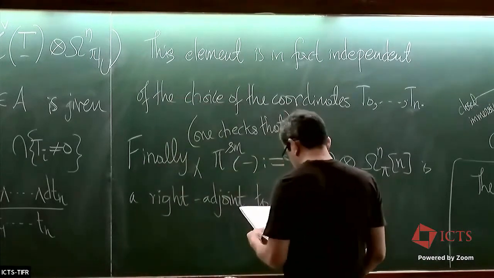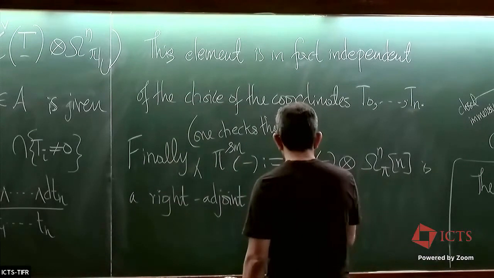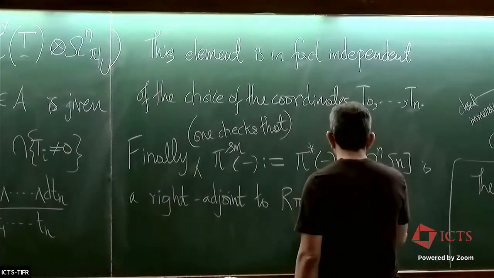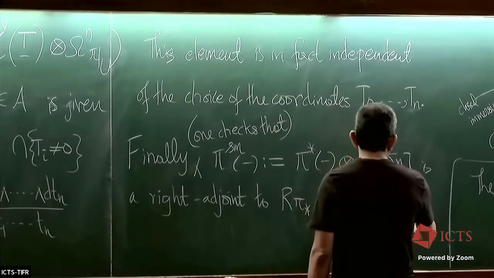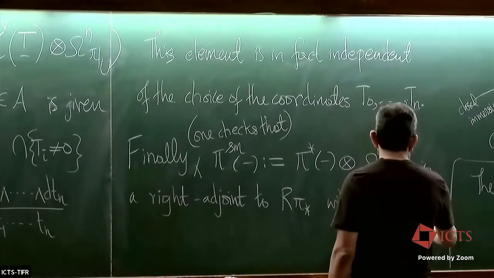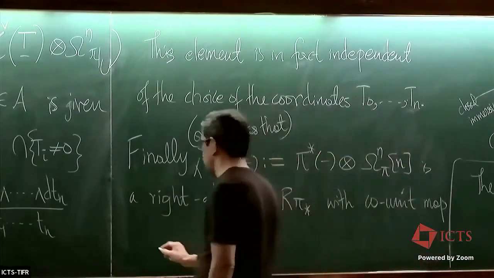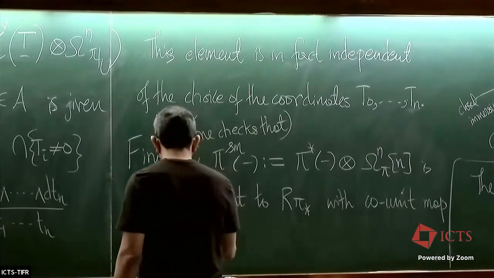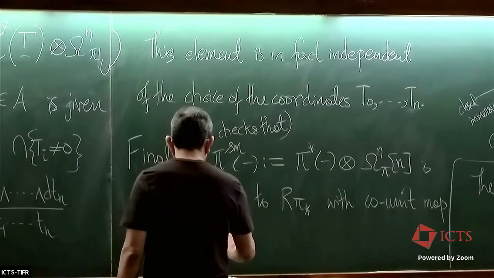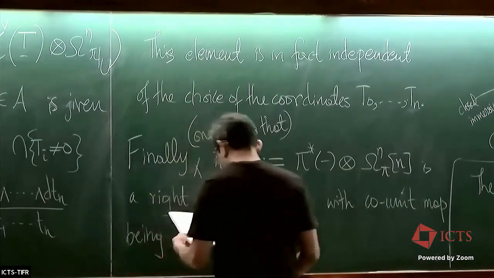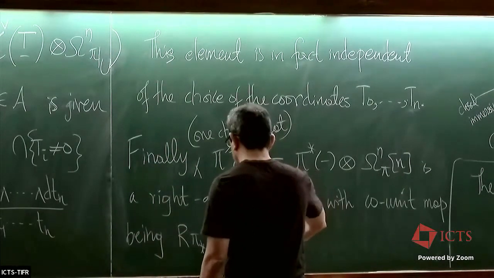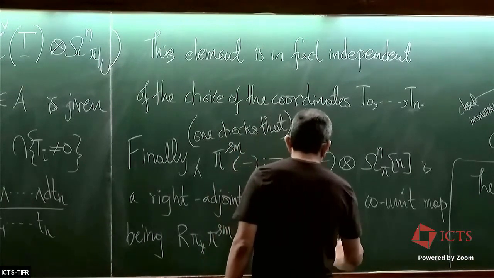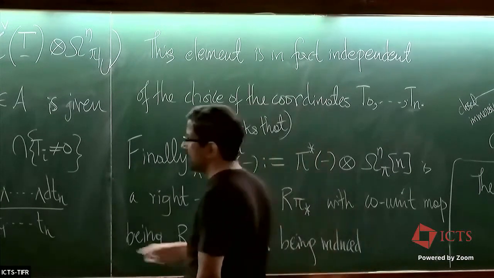It's right adjoint to R pi lower star, with the co-unit of adjunction being induced by the integration map there.